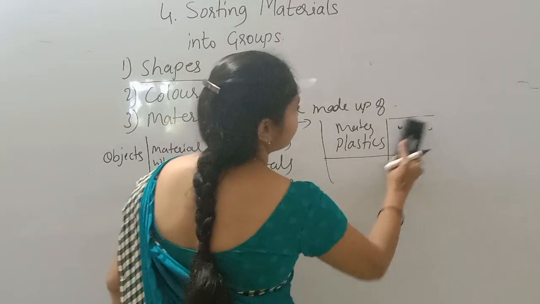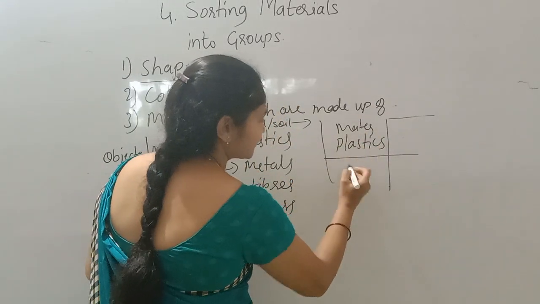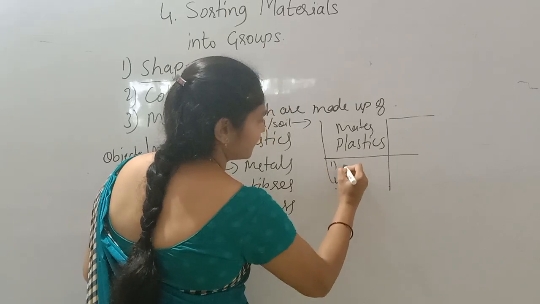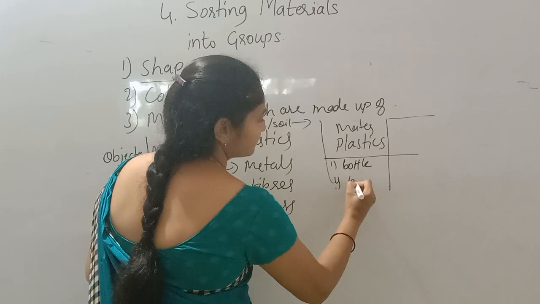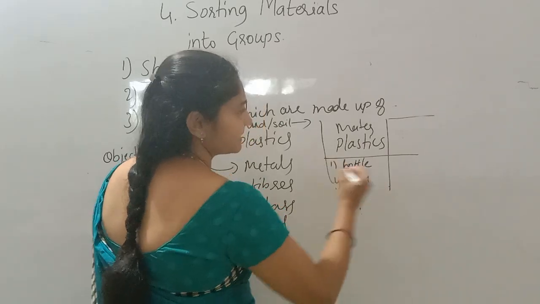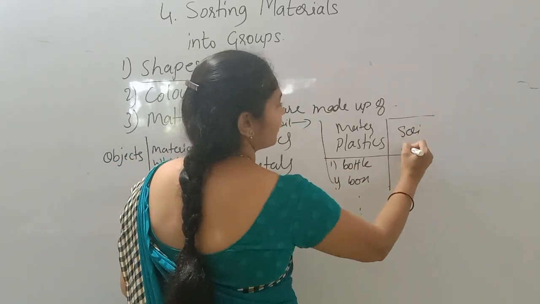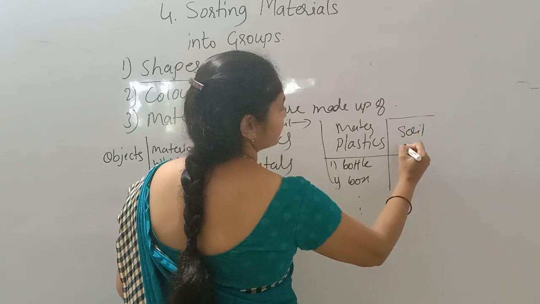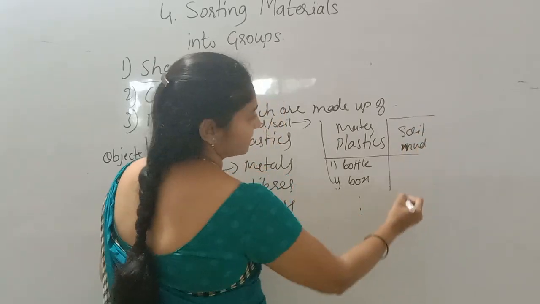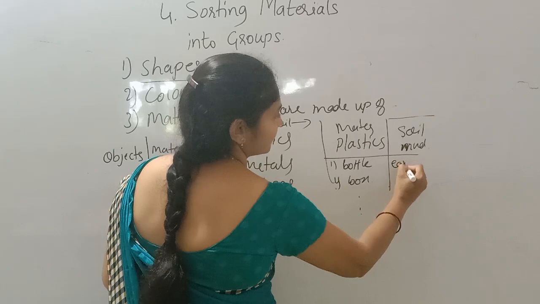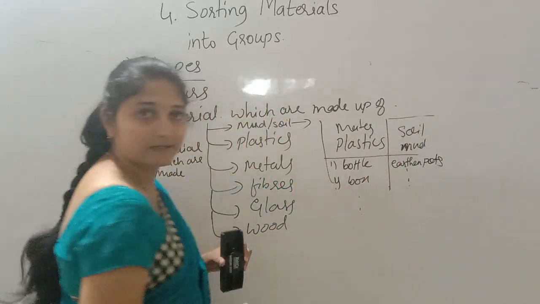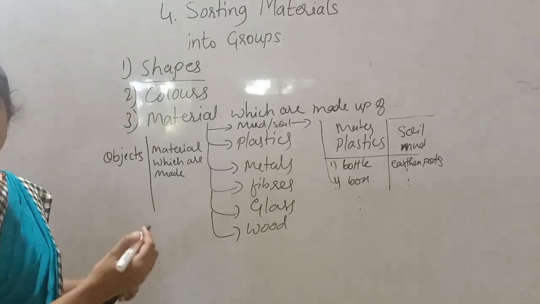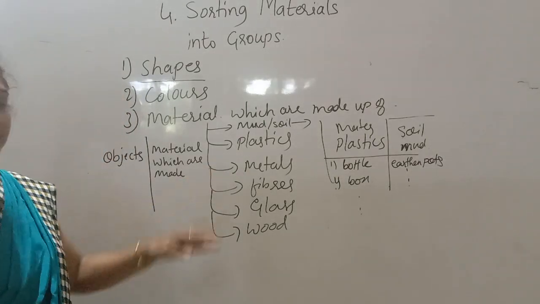In the material plastic, write down one by one, like bottle, then box or pen. Then for soil or mud, here we are going to write earthen pots, right? And next, metal.